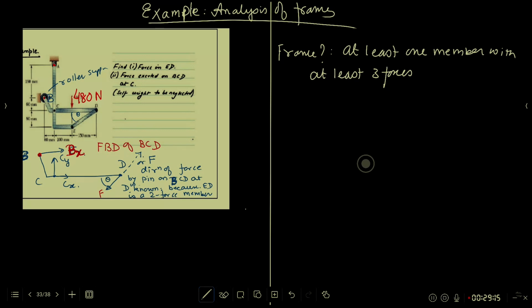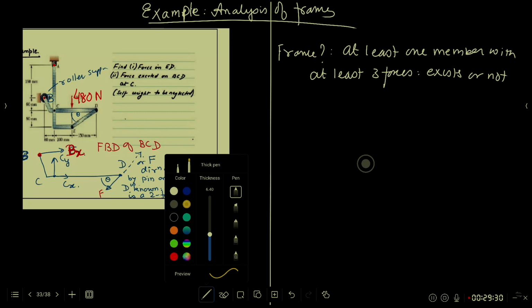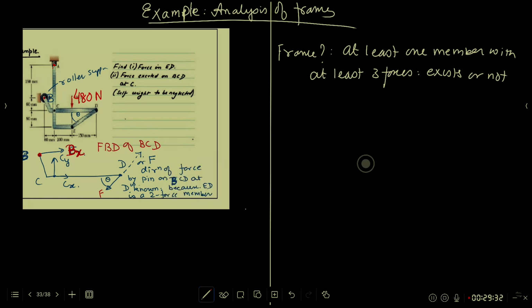Before that, let's count how many members we have. I don't know whether the screen resolution is good enough on your side or not. This is one member, one rigid body. RB1 you can call it. This is RB2. There is a member here.